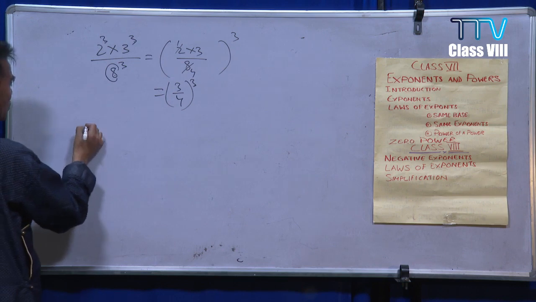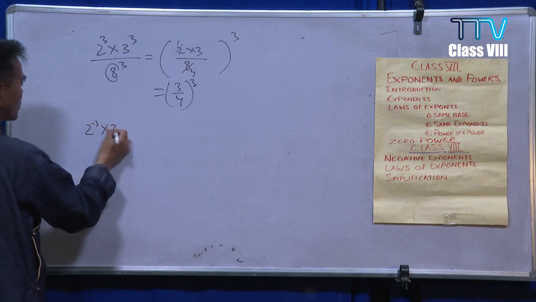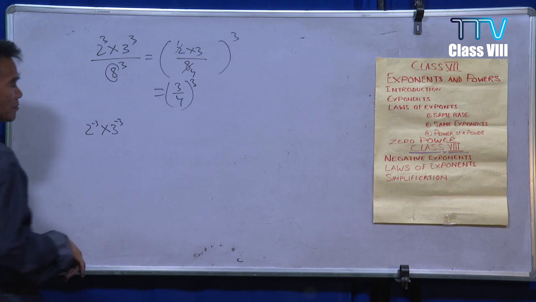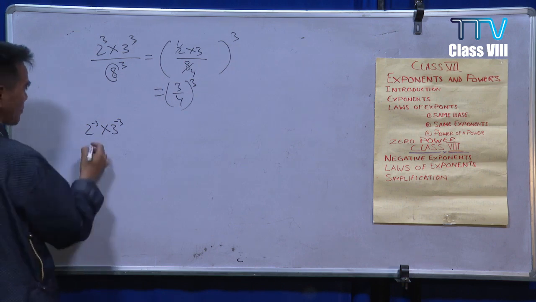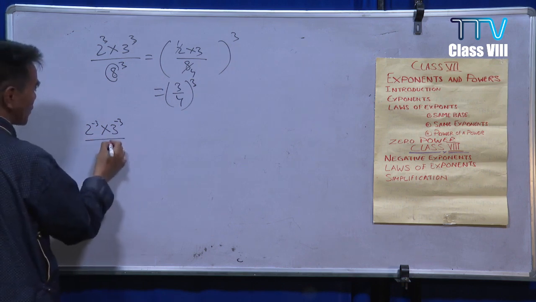For example, 2 raised to power negative 3 multiplied by 3 raised to power negative 3, divided by 6 raised to power negative 3.